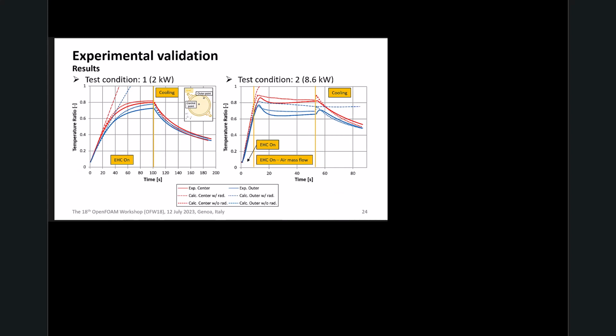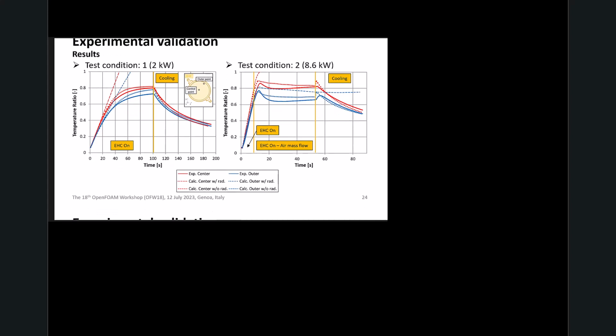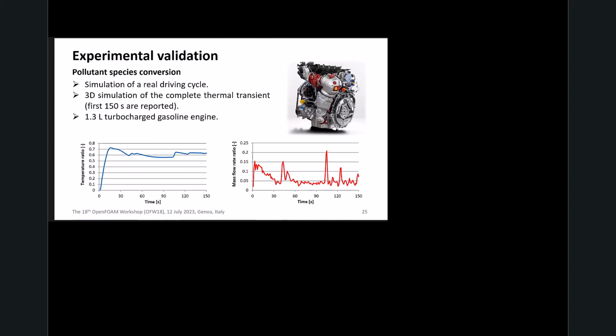One remarkable thing is that if we consider the numerical results without including the radiation model, represented by the dashed line, it's possible to see that during the heating phase the temperature tends to diverge. So it is important to properly model also the radiative heat transfer, which in this type of device is fundamental for having a good representation.